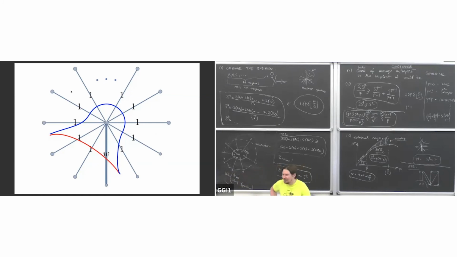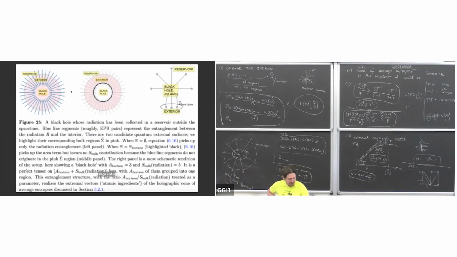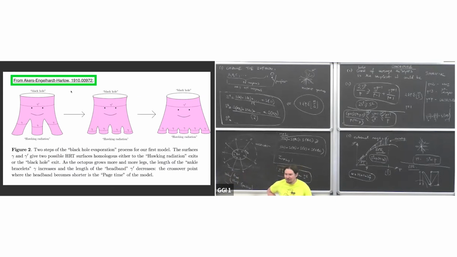So my first reaction to this question is that I agree that it's puzzling. Have you seen this paper? This is Chris Akers and Daniel Harlow and Netta. Sometime after islands were first discussed, they put out this paper about a toy model for the islands, where they discussed these octopus geometries.